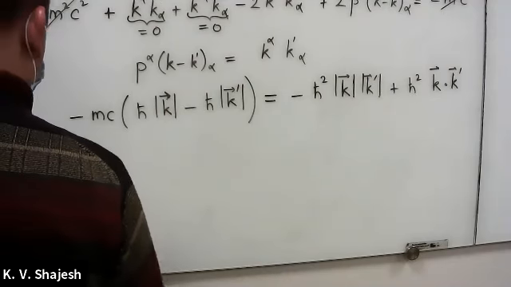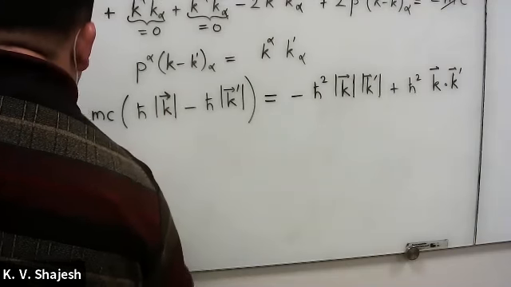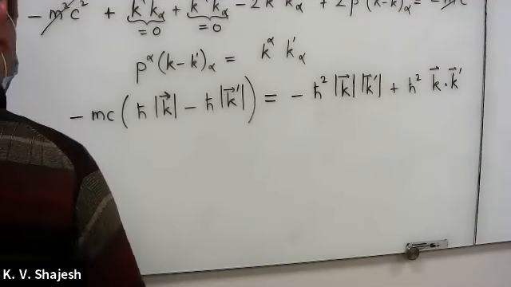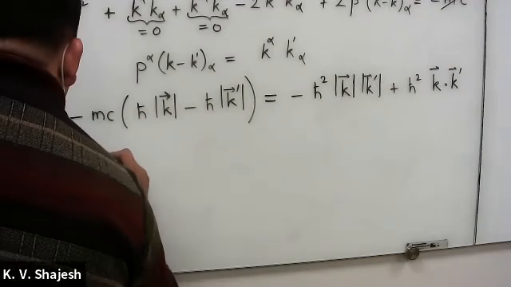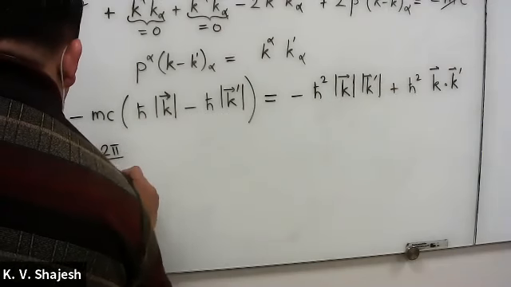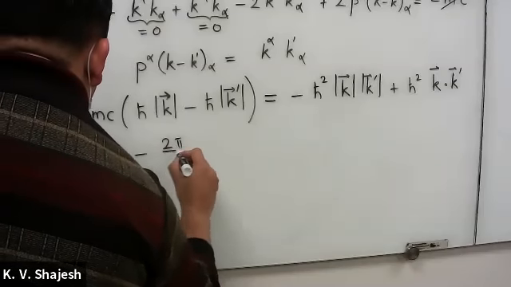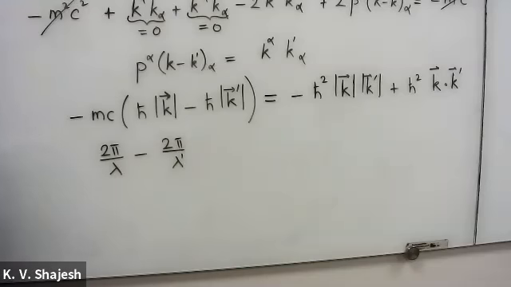Let me divide by MC on the right side. This is 2 pi over lambda minus 2 pi over lambda prime. MC I take to the right-hand side.